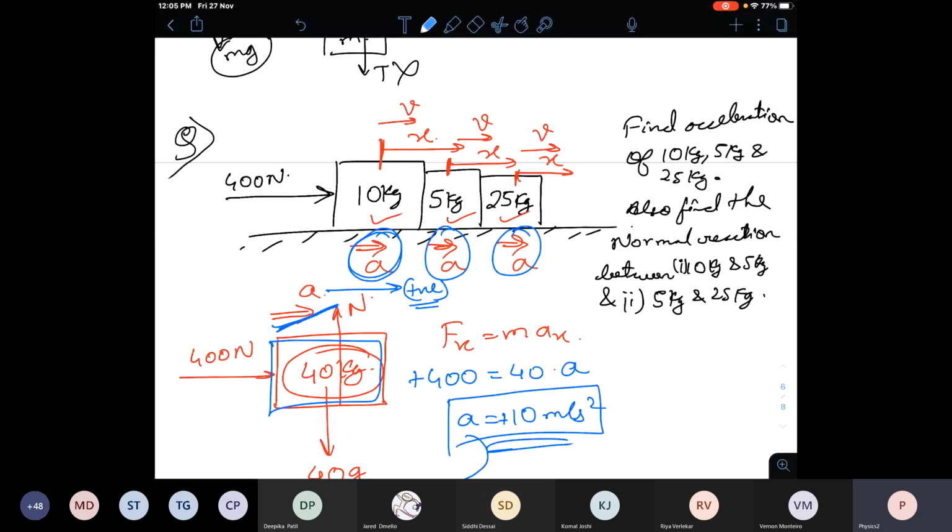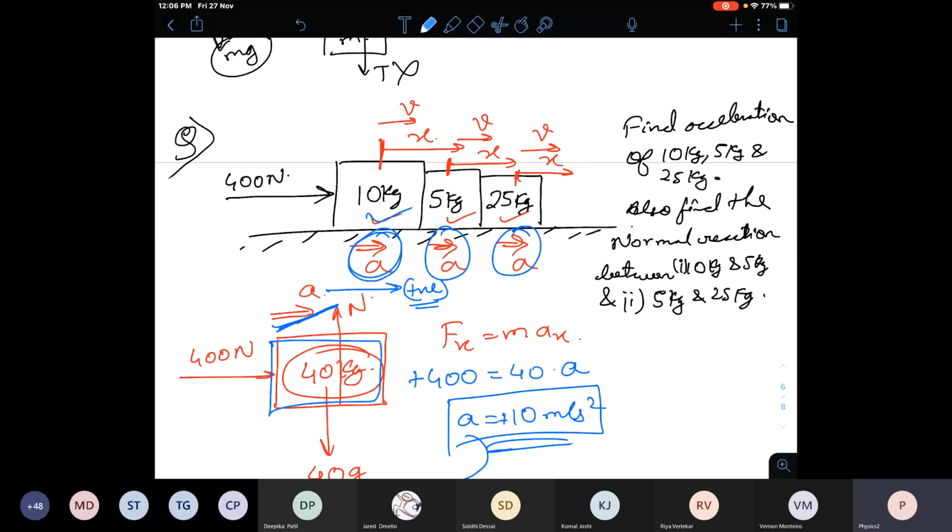So the answer for your individual acceleration is also 10. The 40 kg will also have the same acceleration, so their accelerations are equal, 10 meters per second square each.